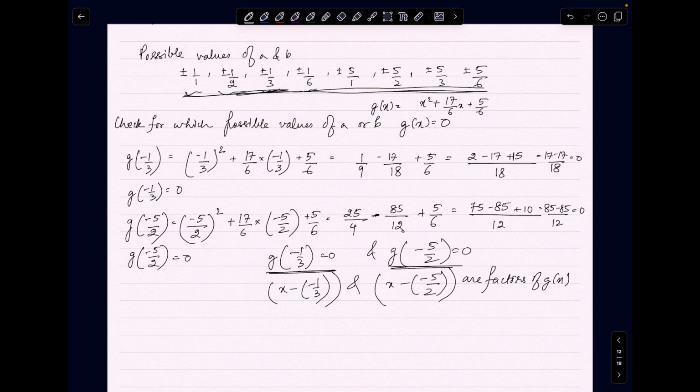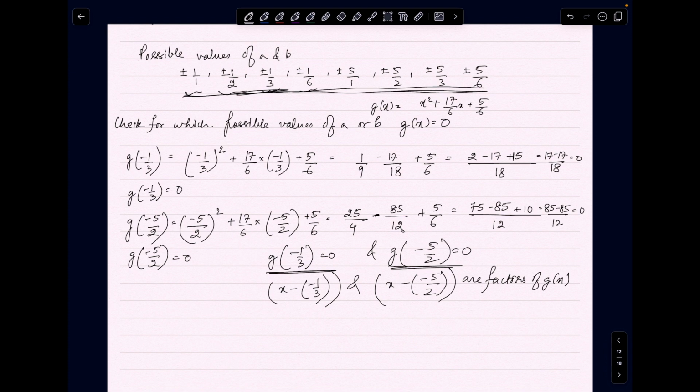See, if g of a equals 0 means x minus a is a factor of g of x. So here g of minus 1 by 3 equals 0, so x minus of minus 1 by 3 and x minus of minus 5 by 2 are factors of g of x.